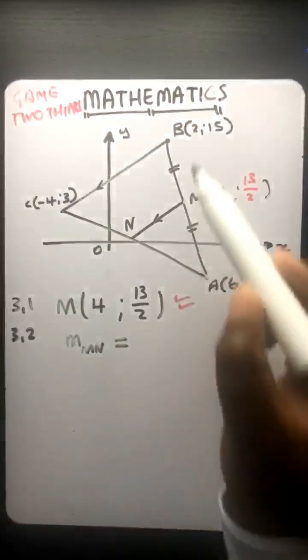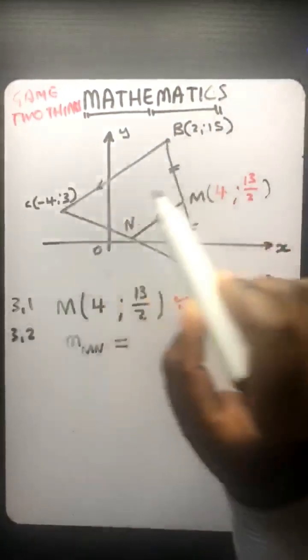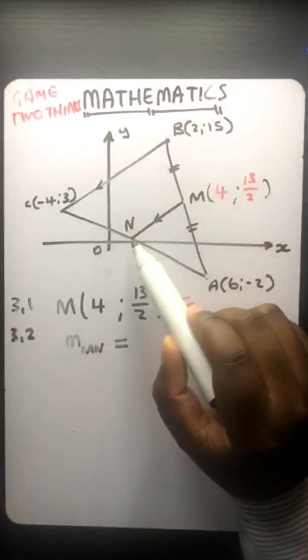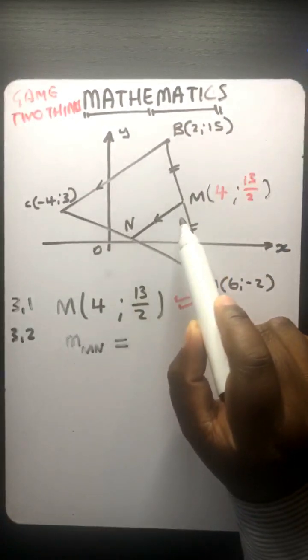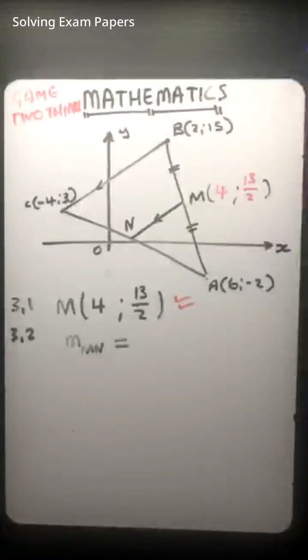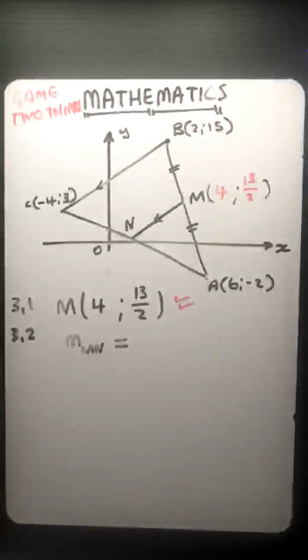I calculated the gradient of BC, which is equal to 2, and because they are parallel, their gradients are equal. You have a point there. Is that the same understanding that you have, honorable member? Yes, sir.